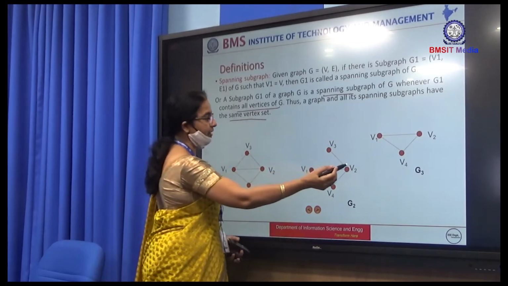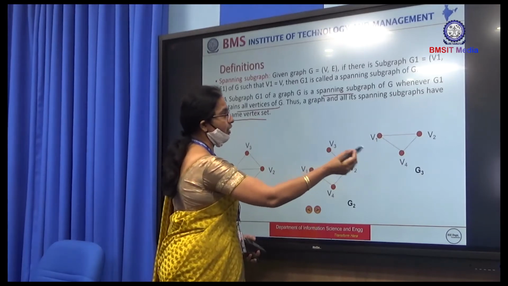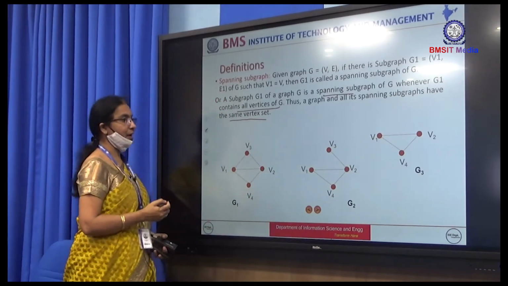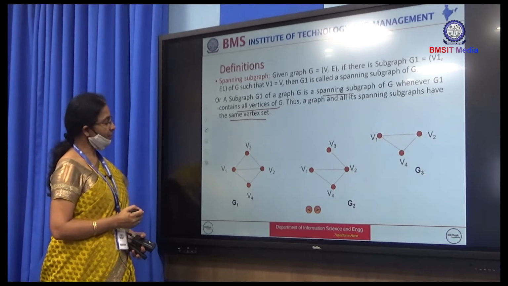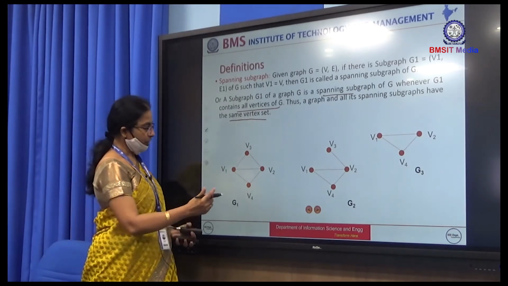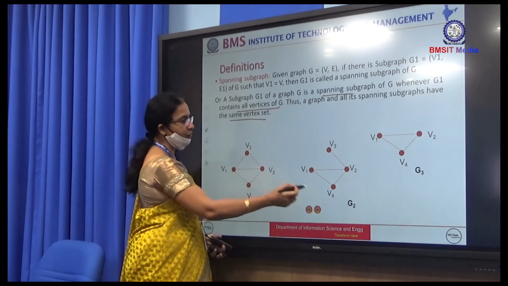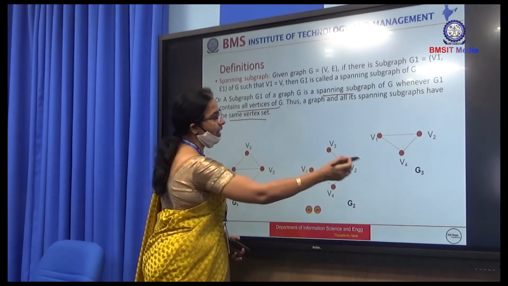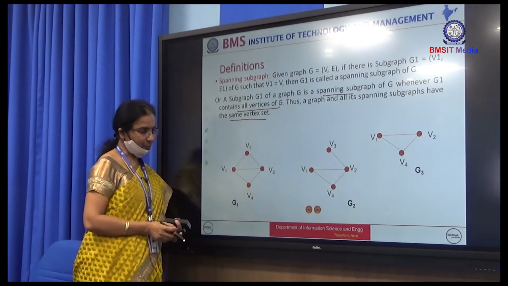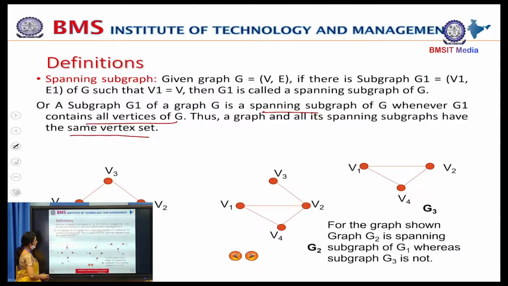Since G3 contains only 3 vertices, we cannot call it a spanning subgraph because one of the vertices is missing. So G is the given graph, G2 is a spanning subgraph, and G3 is not a spanning subgraph. For the given graph shown, G1 and G2 are spanning subgraphs and G3 is only a subgraph, not a spanning subgraph.